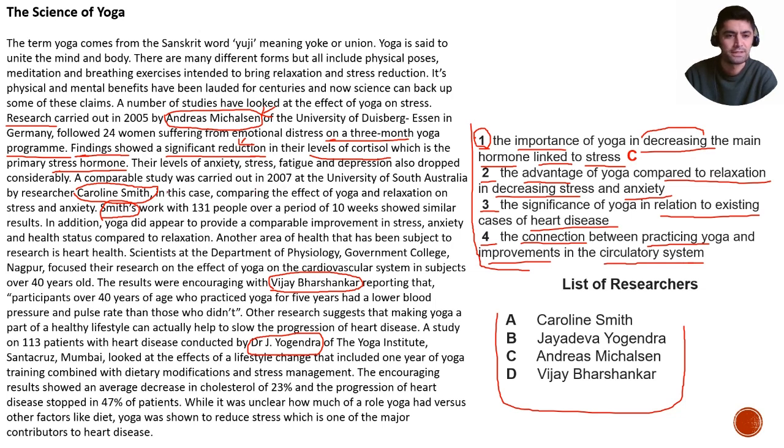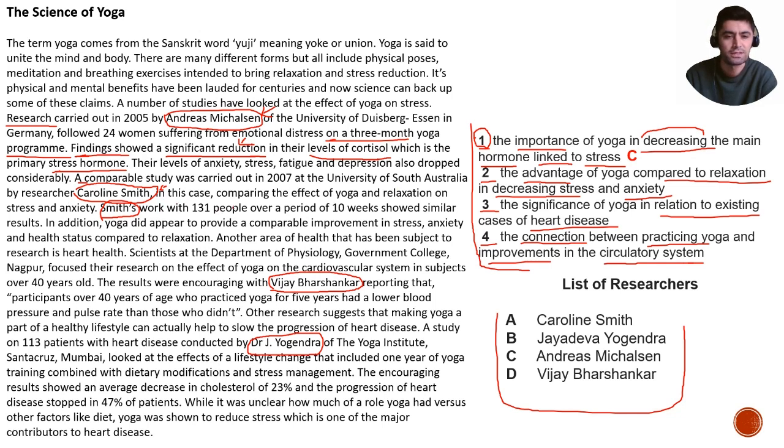Now, the next name we found in the text was Caroline Smith. Caroline Smith is here, but let's read the sentence from the beginning. A comparable study was carried out in 2007 at the University of South Australia by researcher Caroline Smith.